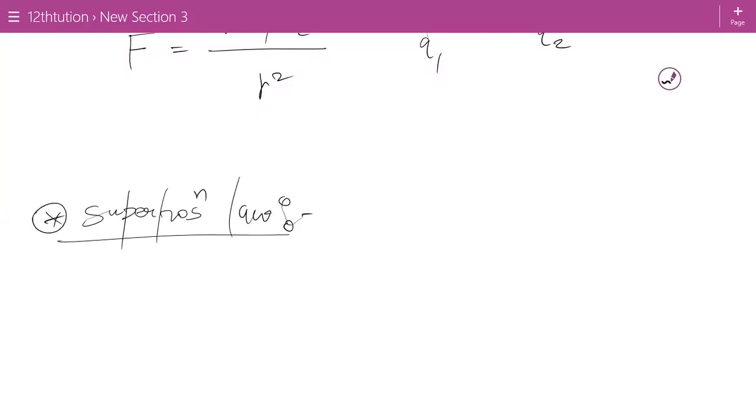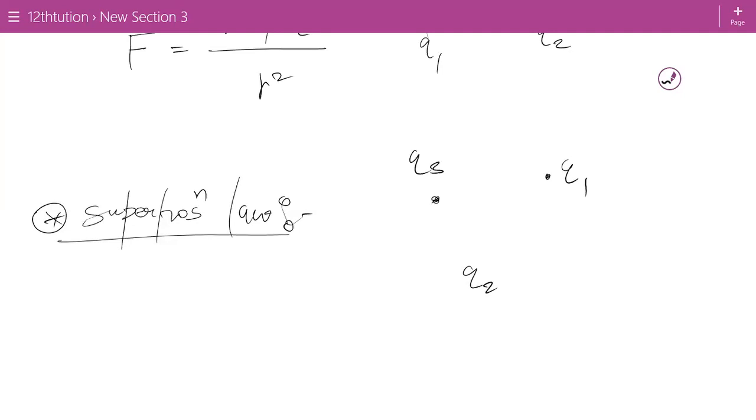That is nothing but the vector addition that we have studied. Force is a vector quantity, so forces will be added just like vectors. So for example, if this is a q1 charge, this is a q2 charge, and this is a q3 charge.